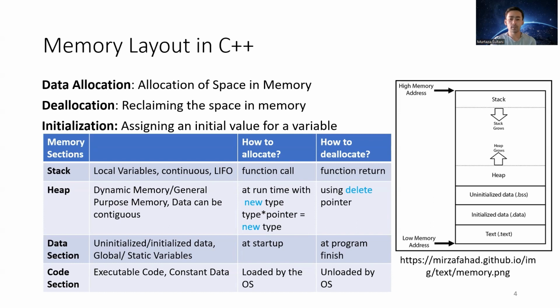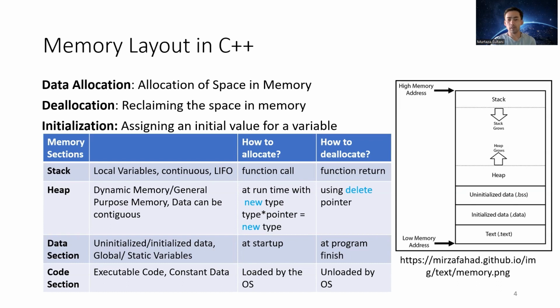The bottom section, mainly the code section, is called low memory address. However, the stack part is called high memory address. You need to understand three very important phrases. The data allocation means that when we allocate a space in the memory for a variable, we mainly assign a value for a variable.